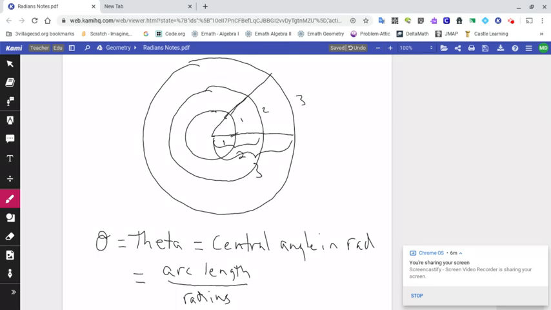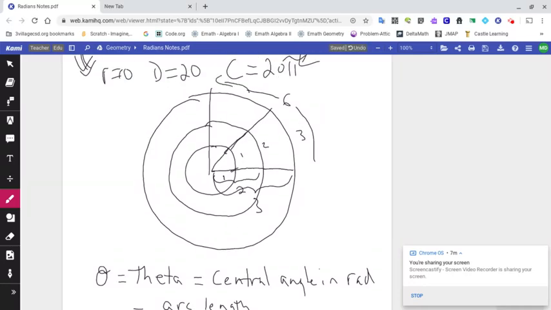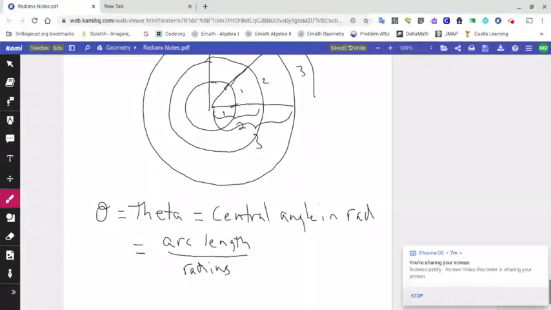If my arc length is 6 from here to here, and the radius of that circle is 3, that means it's 2 radians. It's the arc length over the radius that is theta. So that's another way of thinking about how we calculate that angle in radians. It's the arc length divided by the radius. More on that tomorrow.